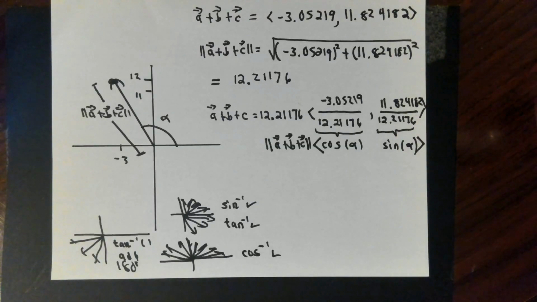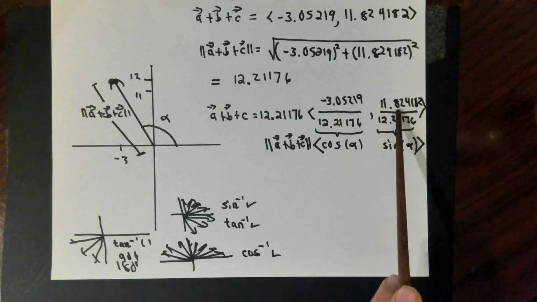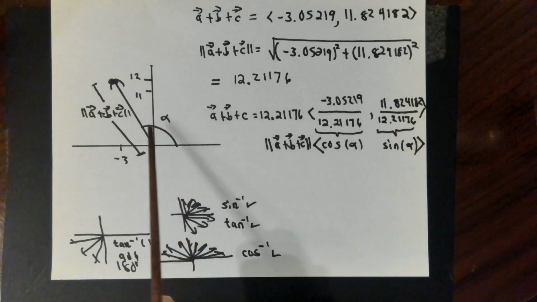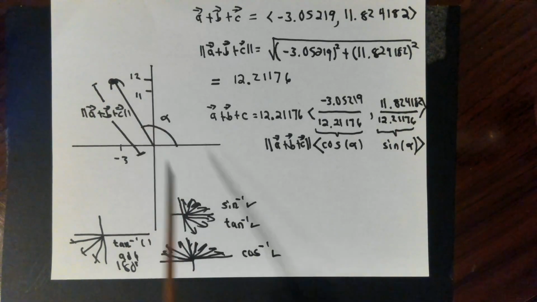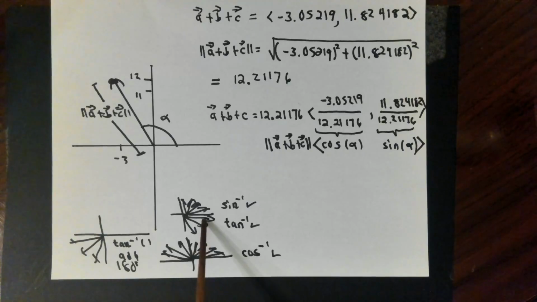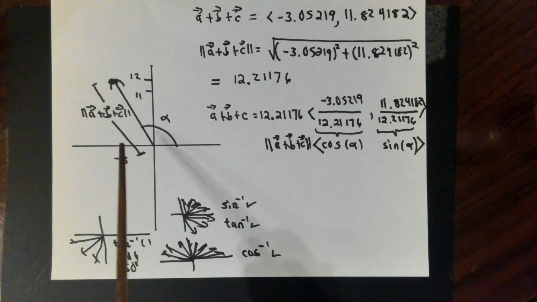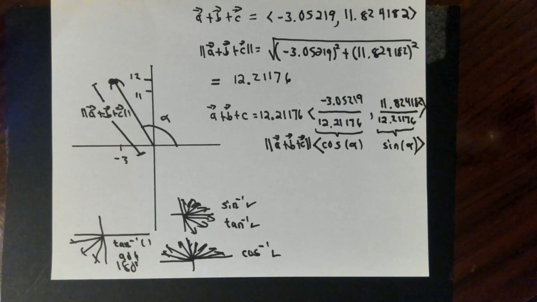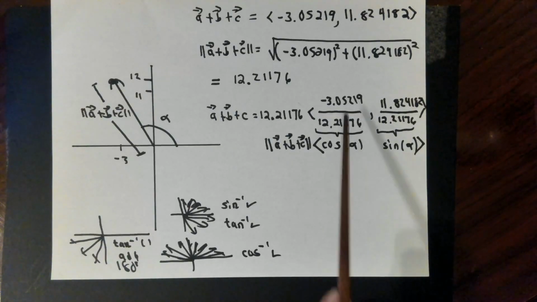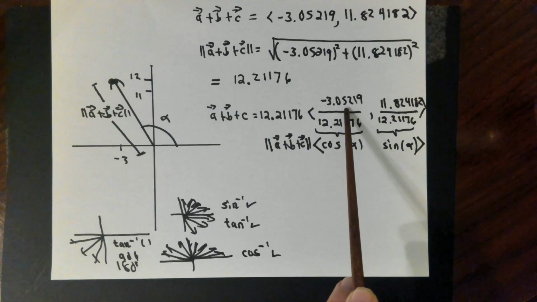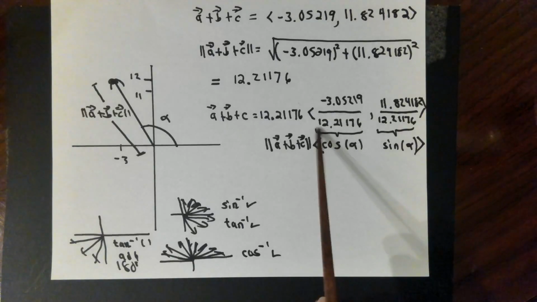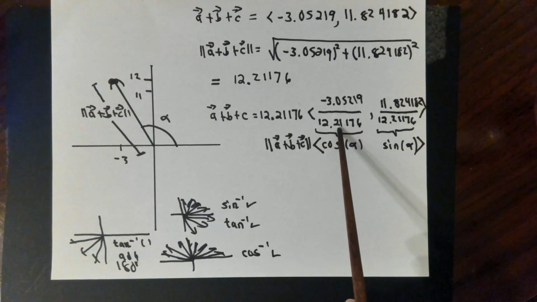I do not want to try to take the inverse sine of that number to figure that angle out, because inverse sine can't produce this angle. Cosine alpha is negative 3.05219 over the length of a plus b plus c.